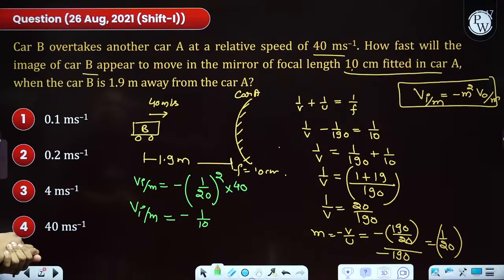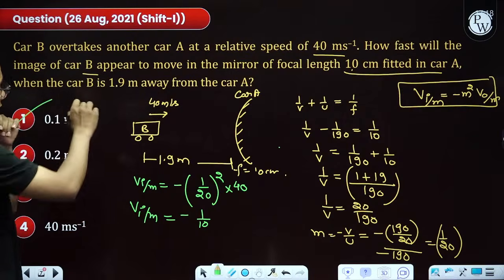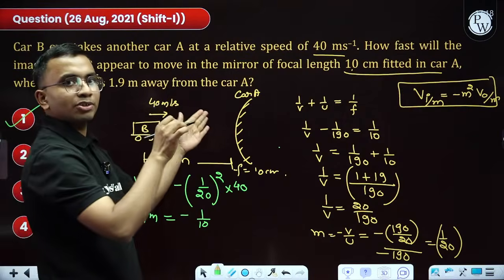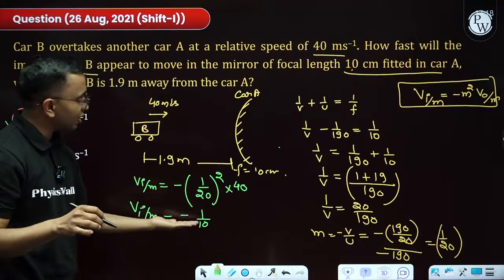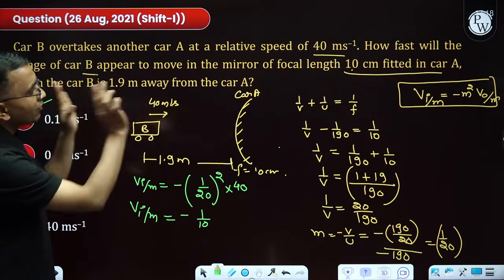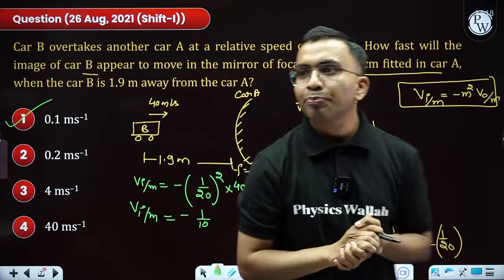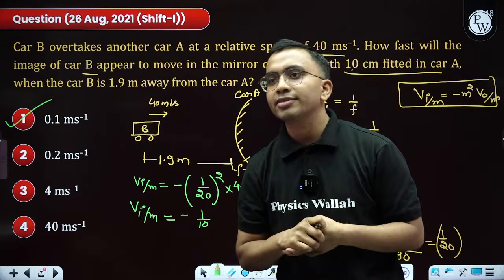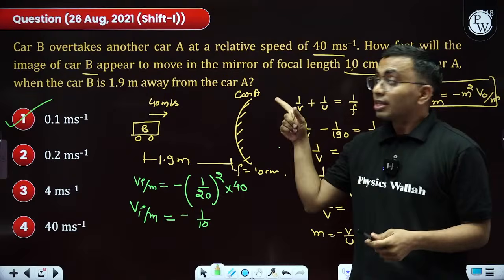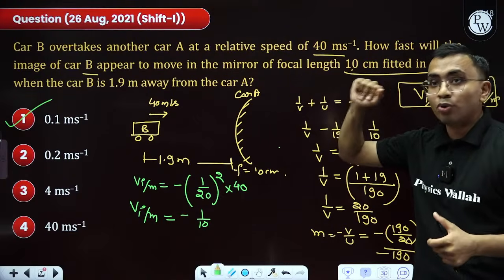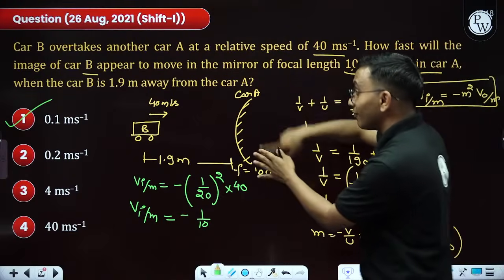What is the velocity of object? Okay, but I need 0.1 only. I need only the relative. I was thinking we need to find with respect to ground, but here it is mentioned with respect to mirror only, and we need to find with respect to mirror only. So that is 0.1 meter per second only. If it is asked with respect to ground, then we need to consider the velocity of mirror.